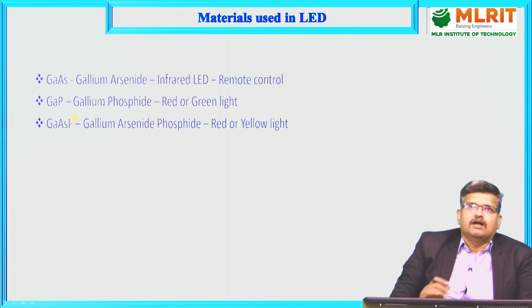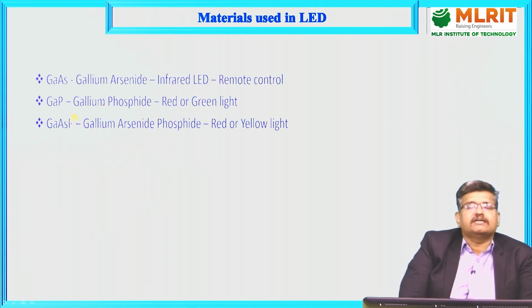As we know, it is a specialized type of PN junction diode. The material used in this LED is GaAs, which is gallium arsenide. This kind of material can emit the source.